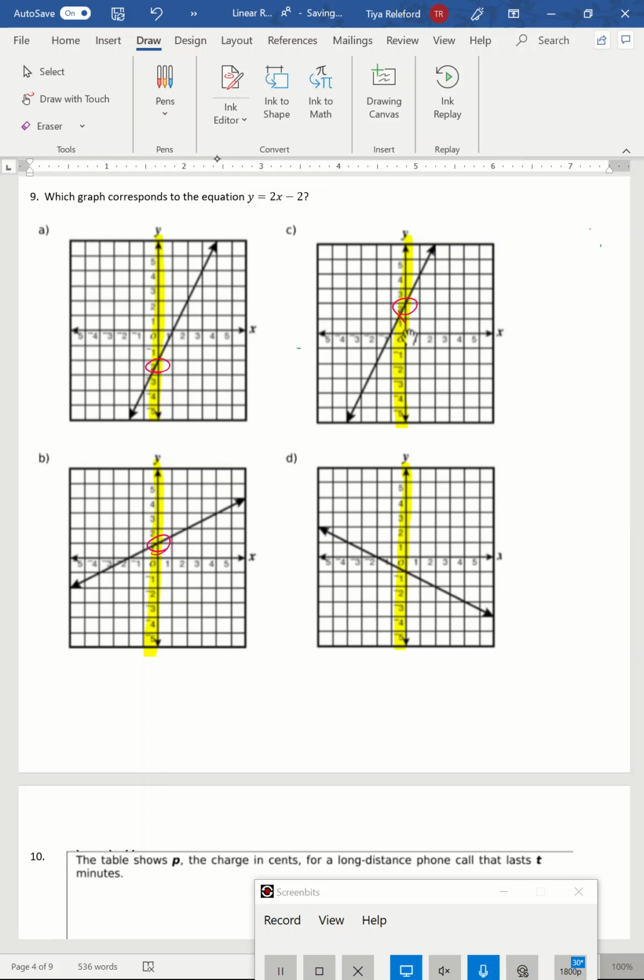What does the y-intercept have to be? It has to be -2. Right away, you can cross off 3 out of the 4 answers that are wrong. And if that's not good enough for you, you can substitute in some values to find out which one is correct.